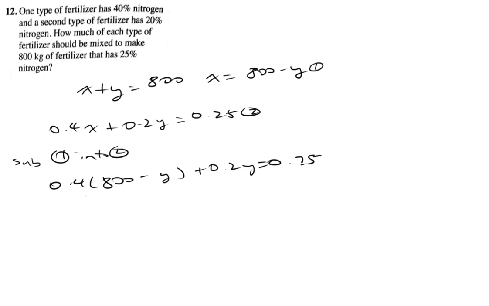So 0.4 multiplied by 800 is actually going to be equal to 320. Sorry, my bad. Minus 0.4y plus 0.2y will give us 0.25.